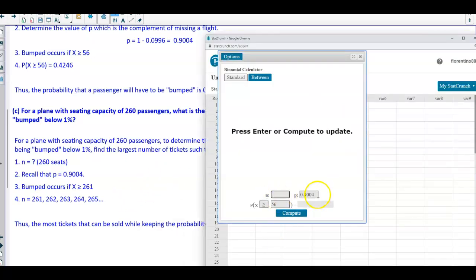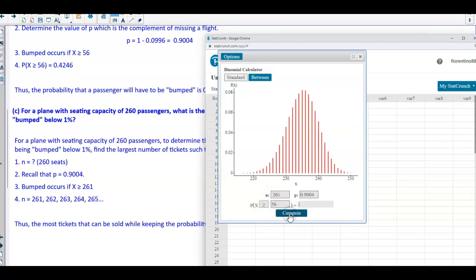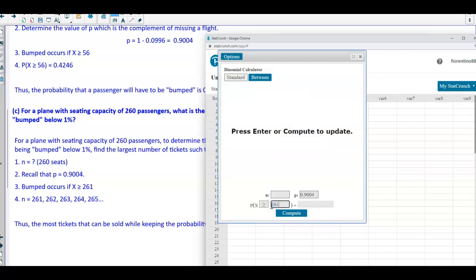All right, so we don't know what N is. But what we do want to know is the values of N where you're going to be bumped, so anything above 261. So we're going to first put the number 261 in. We know that X is going to have to be greater than 261.